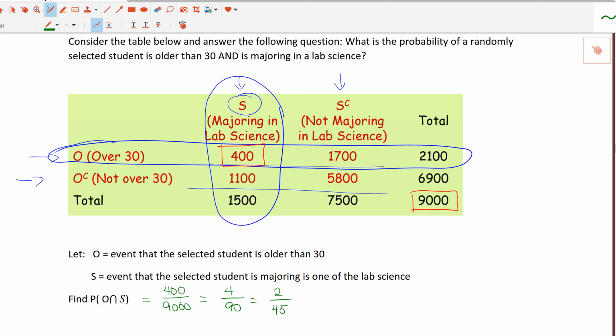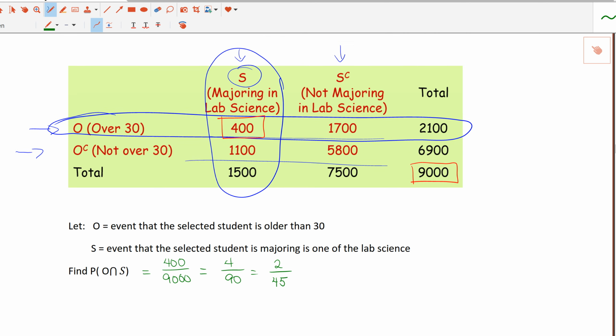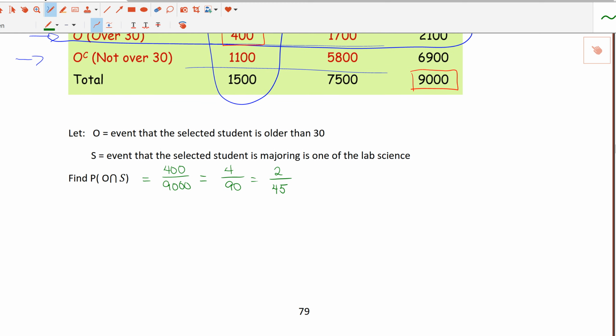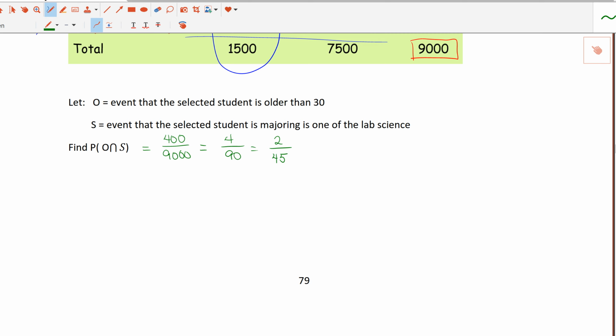So it's easier for me to see that than a decimal. But a lot of times in the textbooks, the answers will be given as a decimal, and you just take 2 divided by 45 and write the decimal down. On a quiz or a test, it would not matter to me how you gave the answer, as a fraction or a decimal.